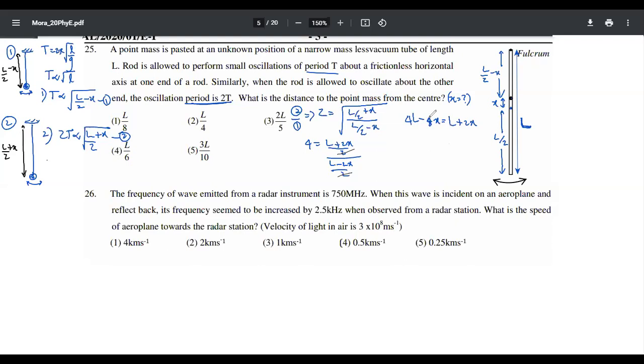Not 4x, because I have to multiply L minus 2x by 4, no, people? 8x. Therefore, 4L minus L, that is 3L. 8x goes to the other side, becomes 10x. So x is equal to what? 3L by 10. Fifth answer.